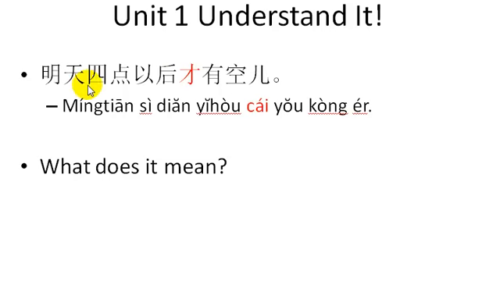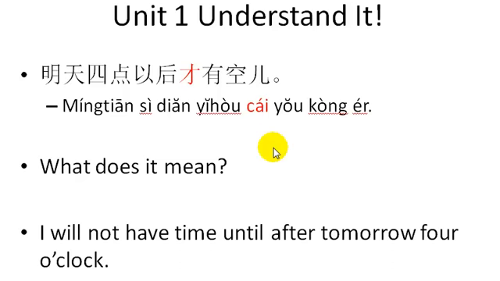That's what 常老师 says after Leo asks 您什么时候有空? So pause and write down what you think. Okay, so the meaning encapsulated in here, especially with this 才, is I will not have time until. Remember, 才 expresses that meaning. They didn't go home until 12 o'clock. Right? I won't have time until tomorrow after 4.